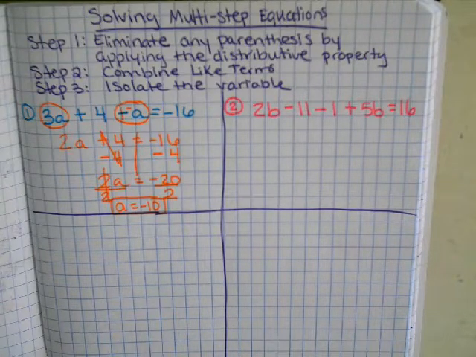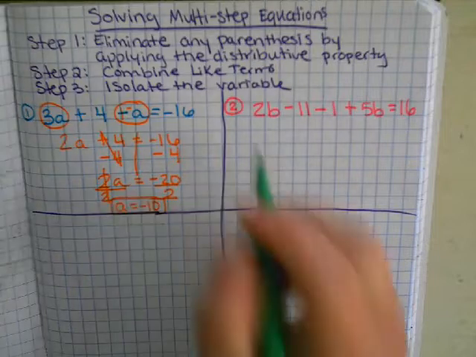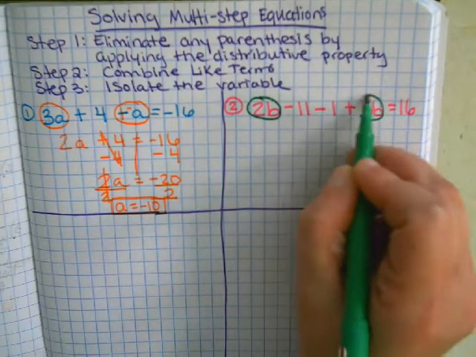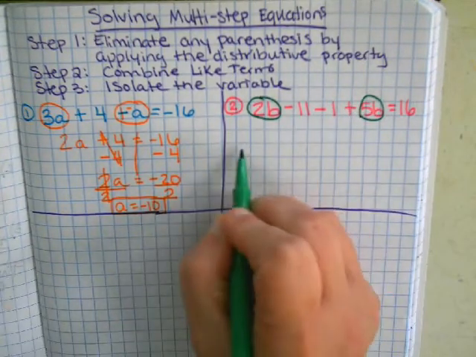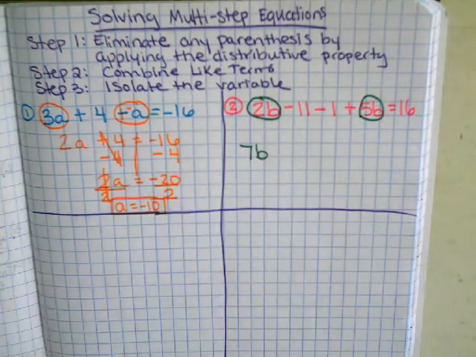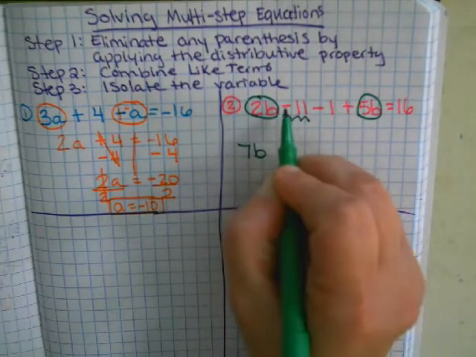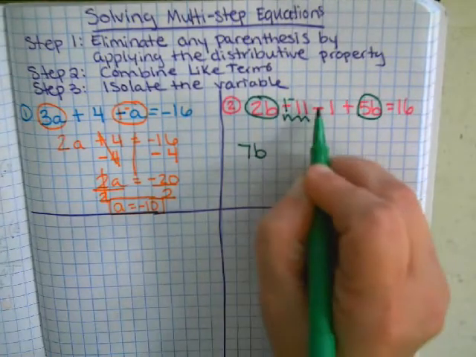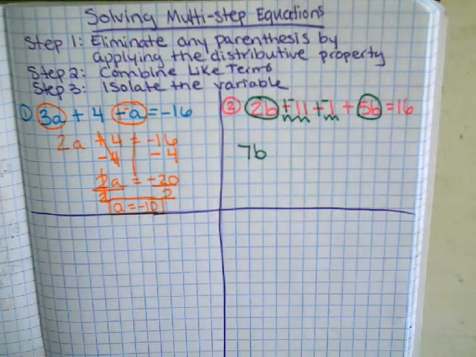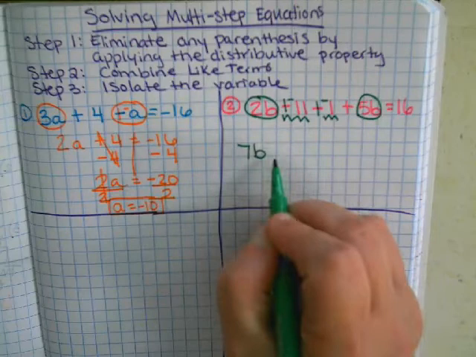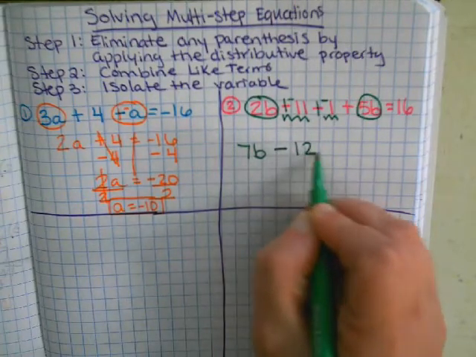Combine like terms. So I have 2b and 5b to get to 7b. Then I have a negative 12. Remember, if you don't see that, it's keep, change, opposite, and a negative 1. Negative 11 and a negative 1 makes negative 12.